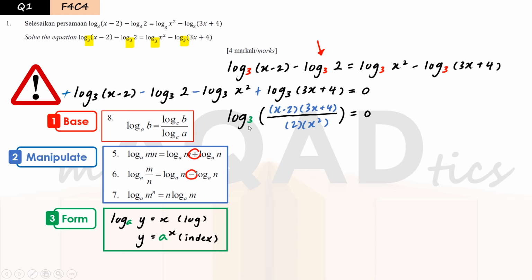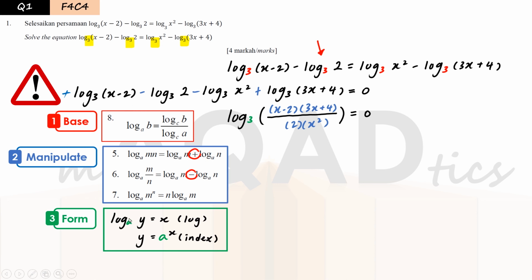Okay, so what we see now here is the logarithm format, because both have log, and the value of a here is 3, the value of y here is this thing, and the value of x is 0. So now we are at the logarithm format, and we need to change to the index format, which is very easy to do.